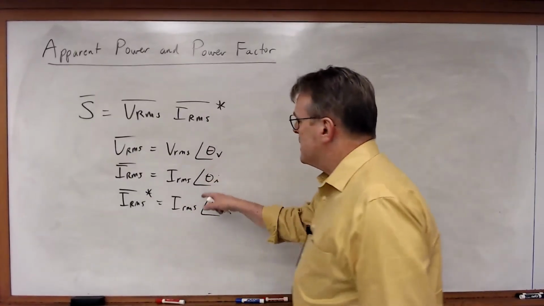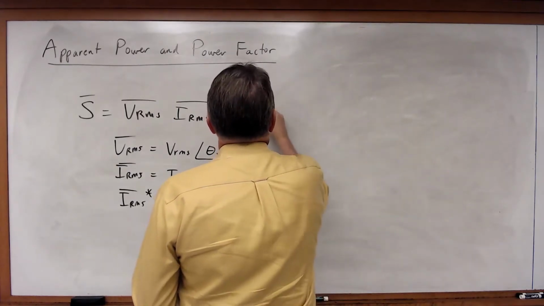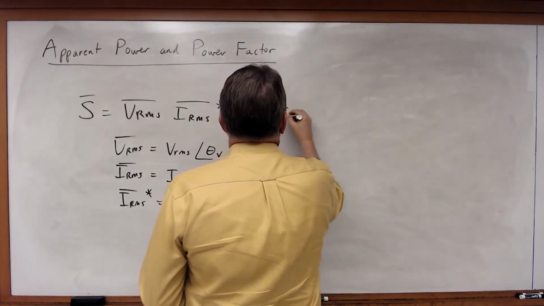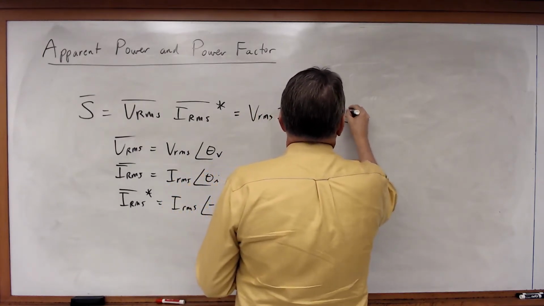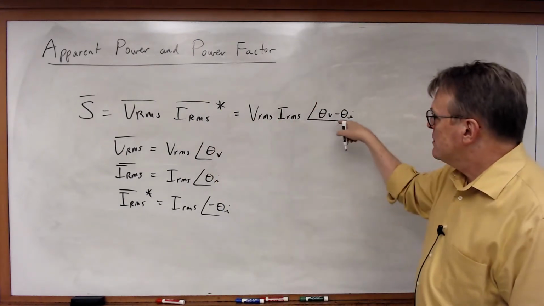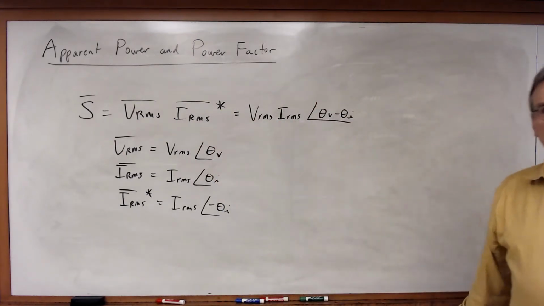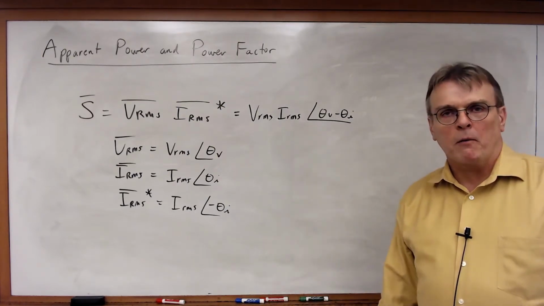So given this, I can rewrite this. This is equal to VRMS IRMS at angle theta sub V minus theta sub I, if we combine the magnitudes and the phase angles in the polar form. We've already seen a development just very much like this in our previous module.